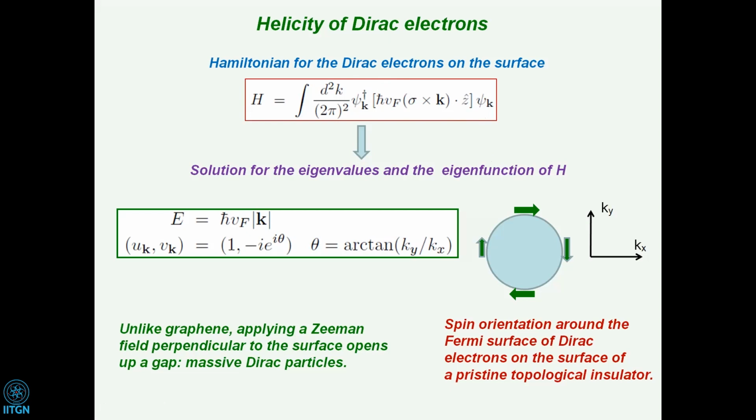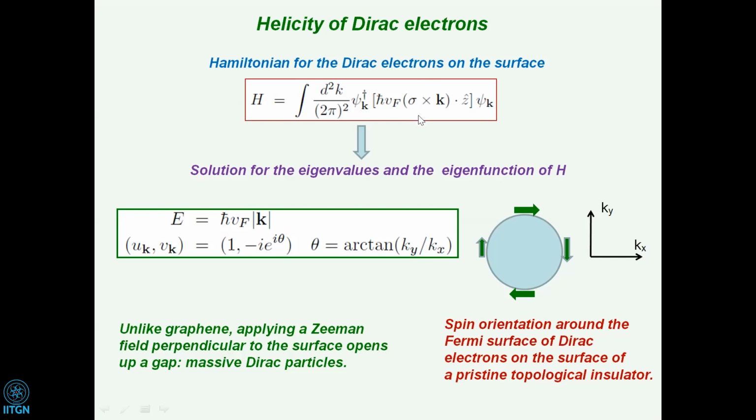The second thing is that there are two possible forms of this Hamiltonian. One is sigma dot k, and the other one is sigma cross k dot z hat, where z is the direction perpendicular to the plane, the surface at which these Dirac cones are.